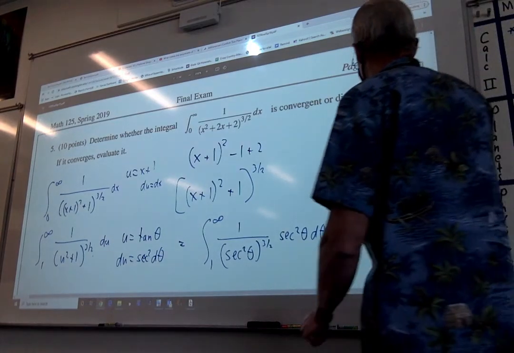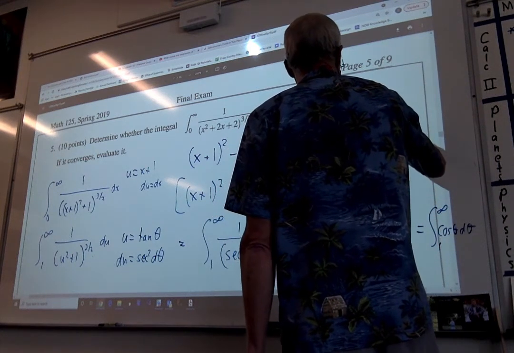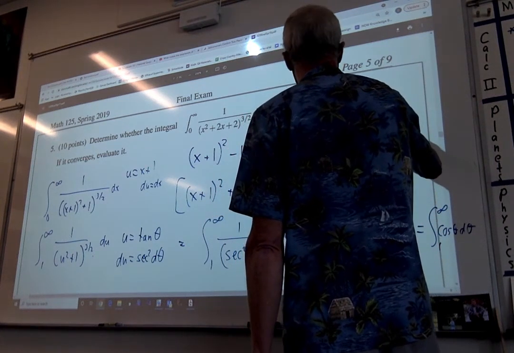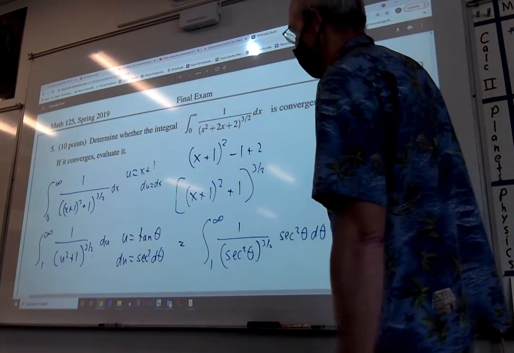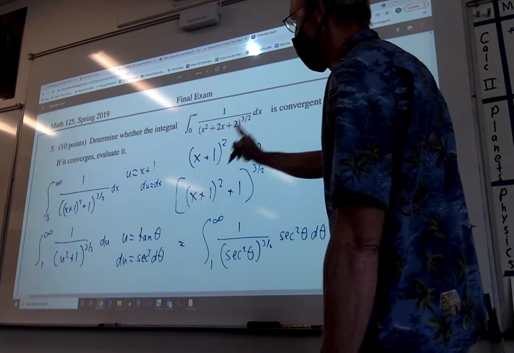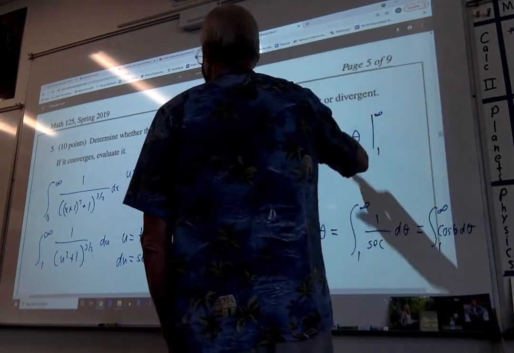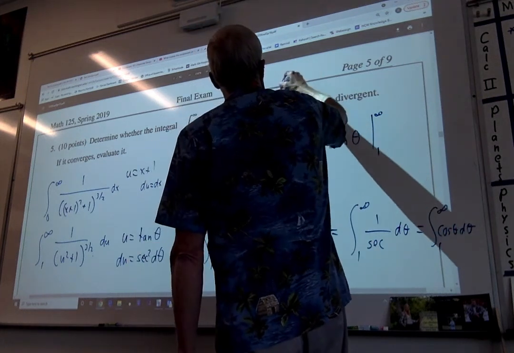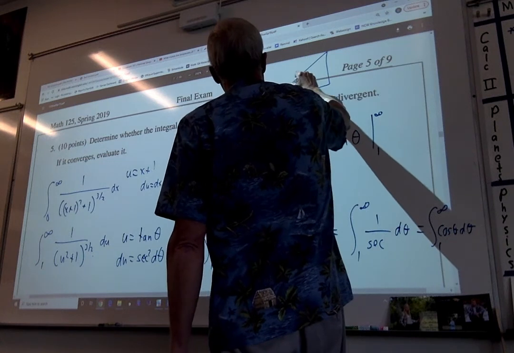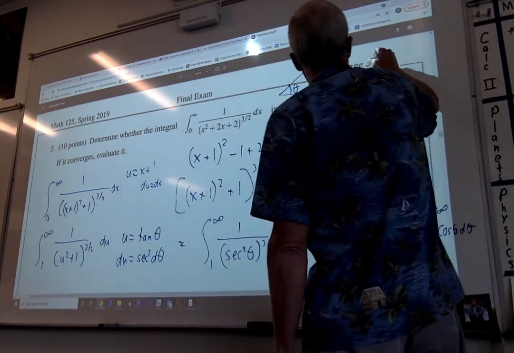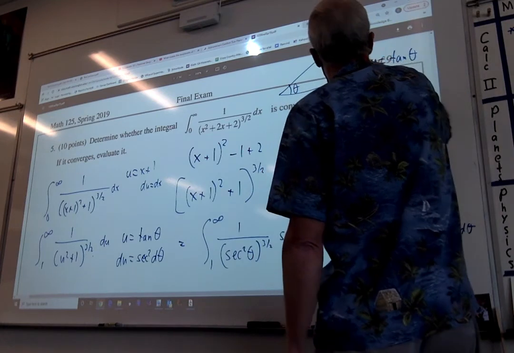So it's sine theta from 1 to infinity. Except now we got to be careful, because theta doesn't go from 1 to infinity. U goes from 1 to infinity. We got to go back to U. So maybe that was wrong. We have time, so let's quickly do it. We got to do our triangle here. We said that U equals tangent theta, so tangent theta is U over 1.